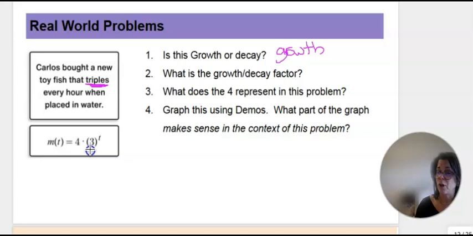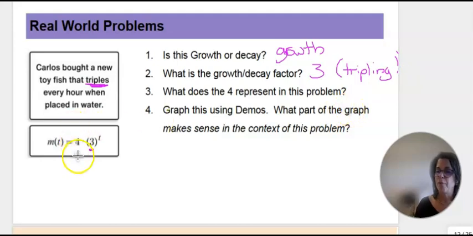I can also look at the value of b. b is bigger than 1. And notice tripling results in a 3 for my growth factor here. So the growth factor is 3. And that's because of the tripling.